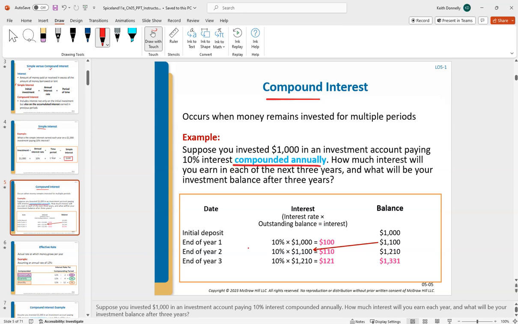We can use that equation for year one to calculate the $100. But then that $100 adds to the principal, such that in year two we need to use this new compounded basis. Then it's 110. We add the 110 to it and carry it over, so the underlying principal gets bigger.